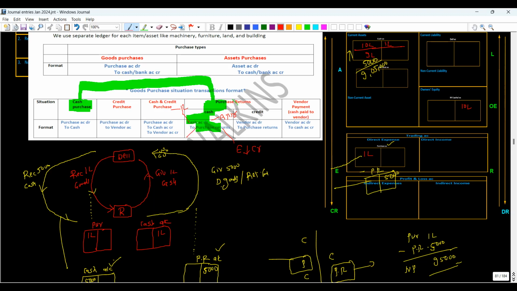So real account, what comes in debit? And the next one is the purchase return account. Tell me, purchase return is what? Is it a personal account, a real account, or a nominal account? Which one do you say? Real. Purchase return account is a real account. Nominal, sir? If it is nominal, then is it expense or income? It's expense. So purchase is expense, but what about purchase return?